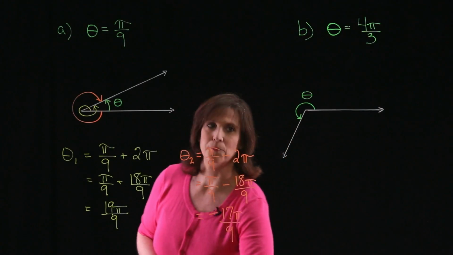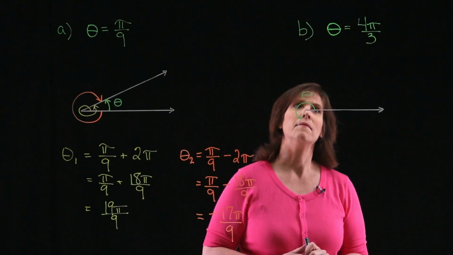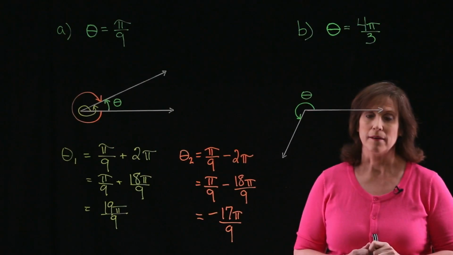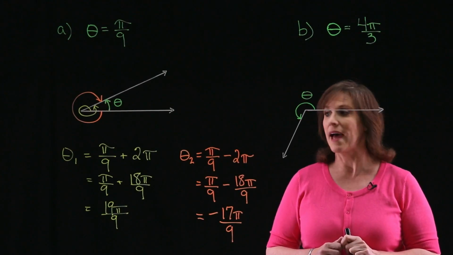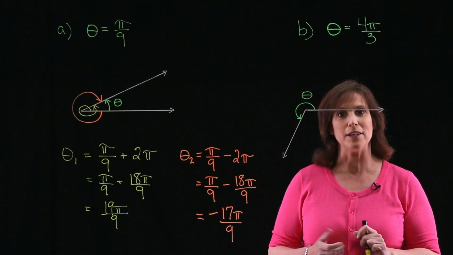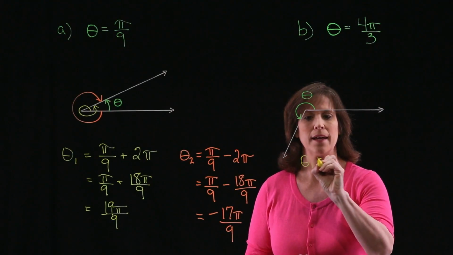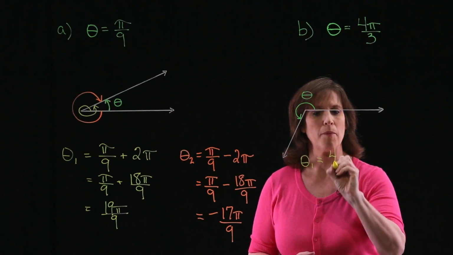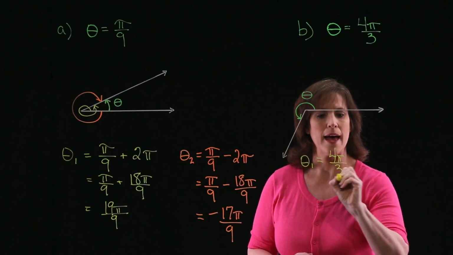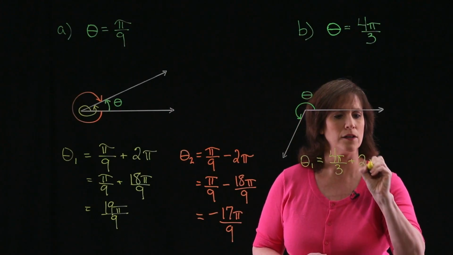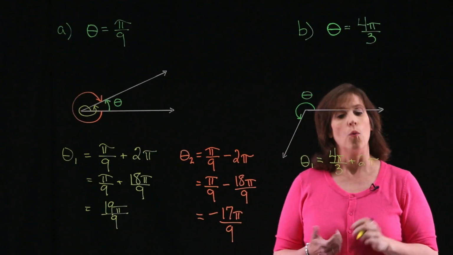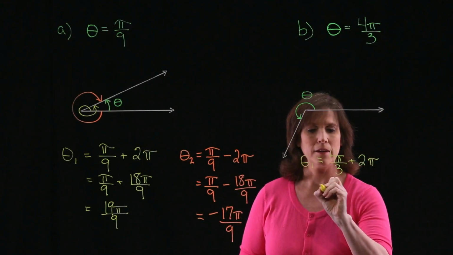Let's try another example. This time, my angle is 4 pi over 3. To get a coterminal angle, again, I'm going to add 2 pi. So one option is to take my given angle, 4 pi over 3, and add 2 pi. Once again, I'll get a common denominator.